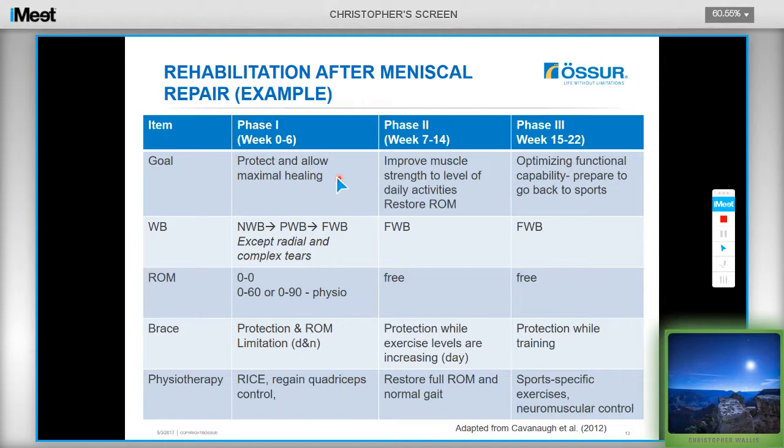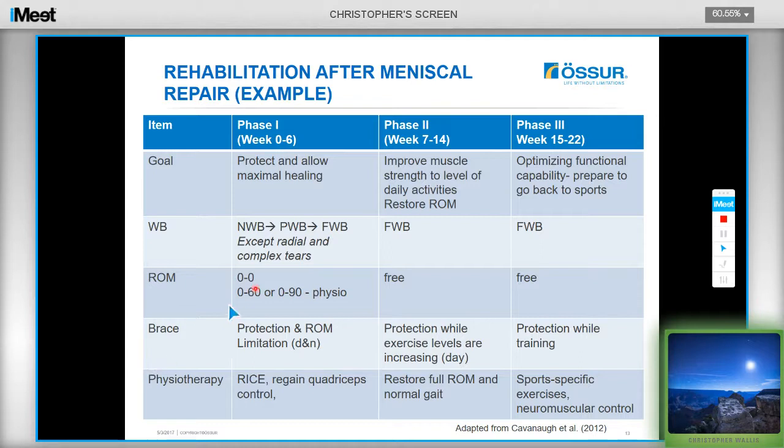Whilst this mentions that it can progress to partial weight bearing and full weight bearing in this first 6 weeks, a recent discussion I had with one of the head physios from a very high profile sports injury clinic in the States, they are completely non-weight bearing for all meniscal repairs for 6 weeks.